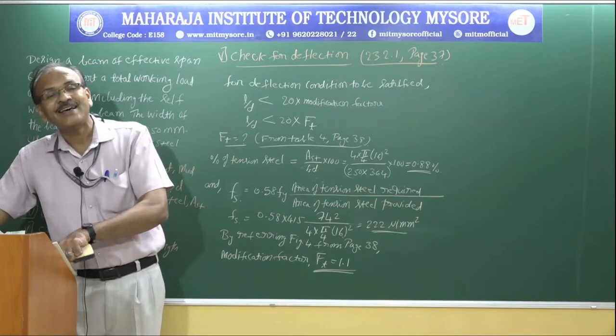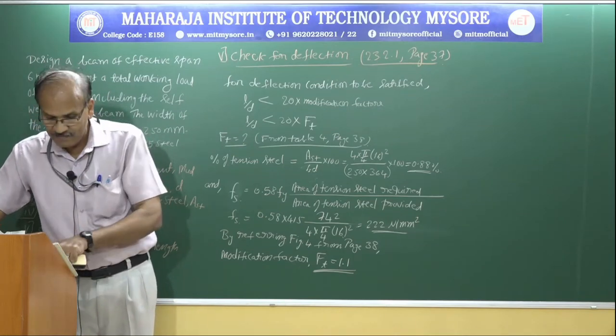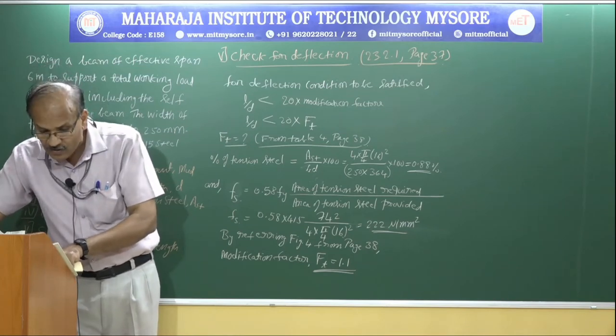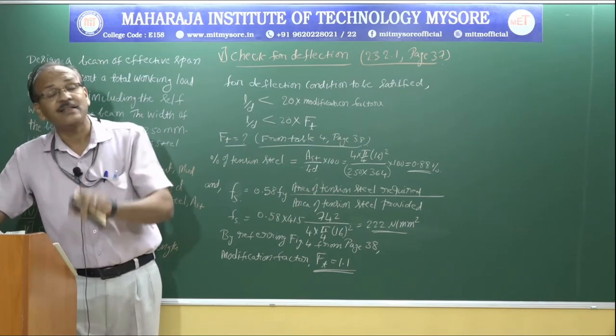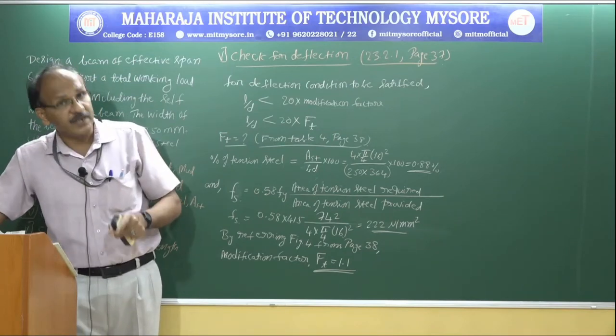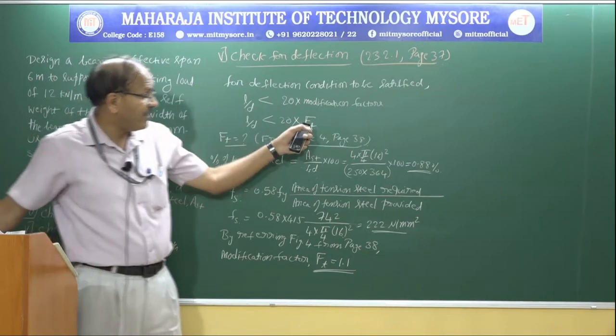You cannot read that value exactly, but you can get it approximately. Then go horizontally and read the value. So we get the modification factor for tension steel, which we have called Ft.